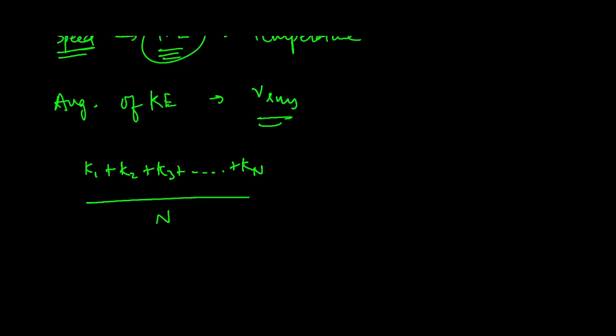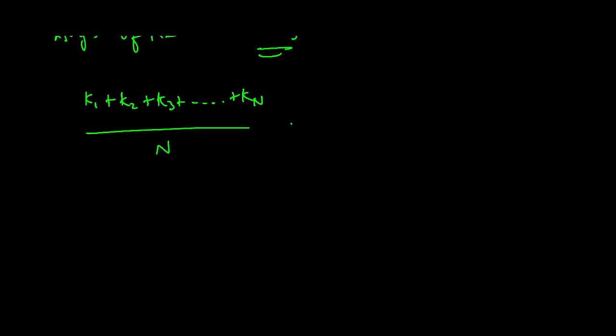Okay, so this is the average of kinetic energy and this is K average. I don't think anyone has any problem with this line. Clear or not clear? Okay, right? Just the average, plain and simple.